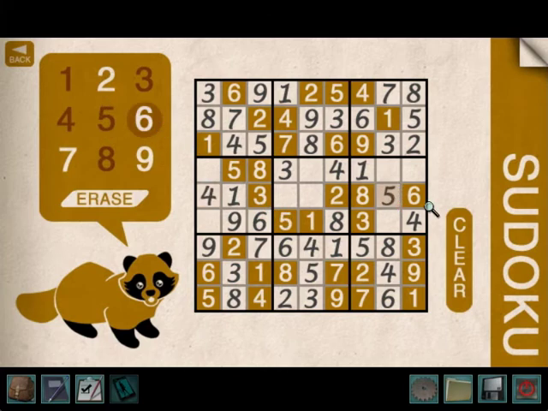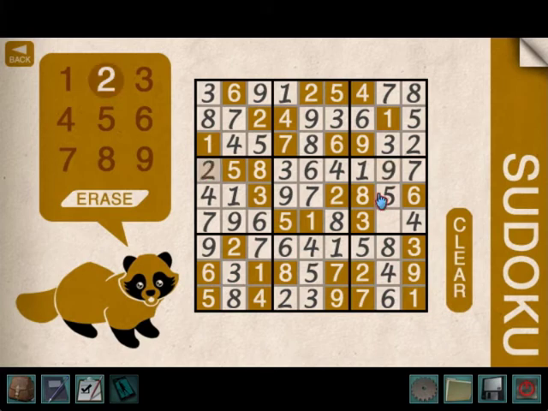Boom. 6. Done. 7. Wait, 7 has to go there because of this conflict. There, and that. Okay, so that means that 9 has to go there, there, and 2 has to go there, and there. All right, I'm pretty good at this.